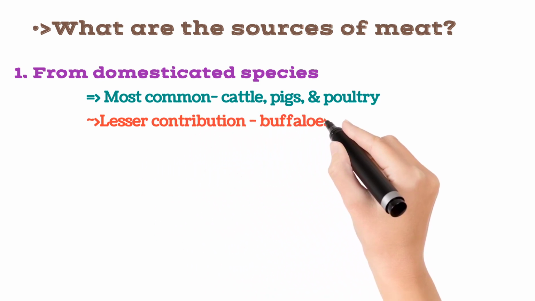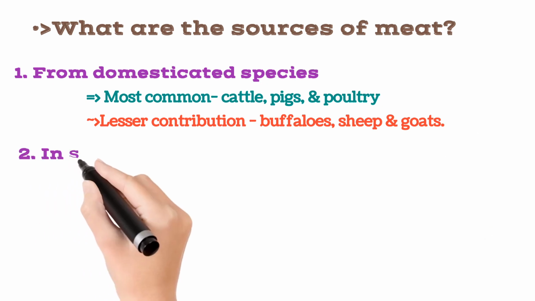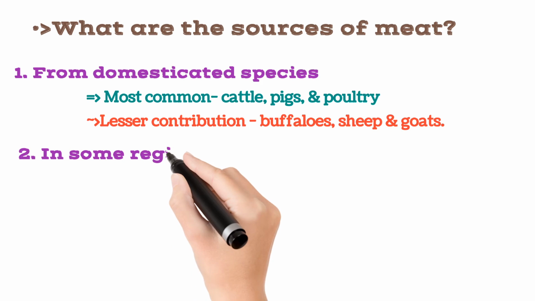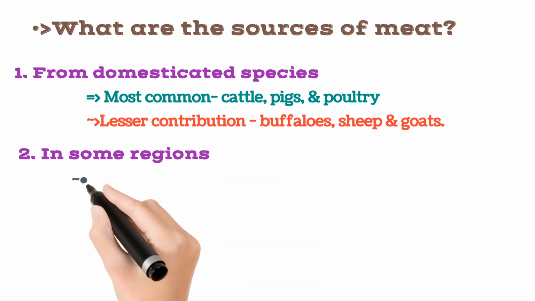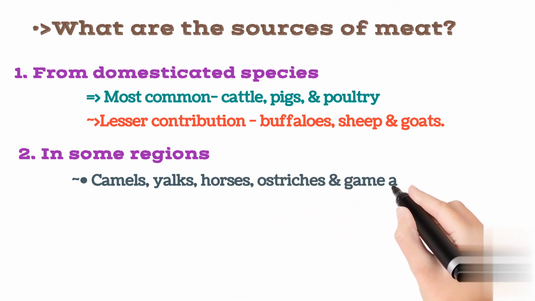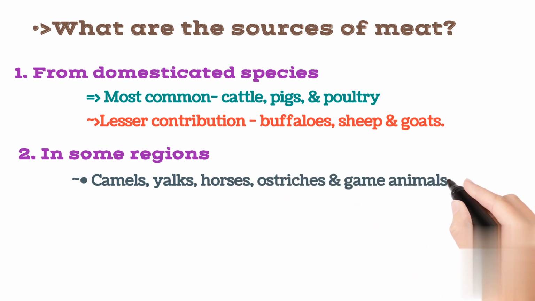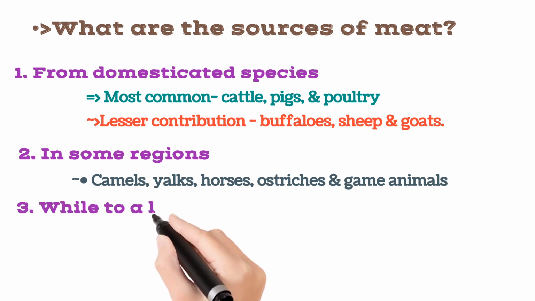To a lesser extent, meat can be obtained from buffaloes, sheep and goats. In some regions meat can also be obtained from other species like camels, yaks, horses, ostriches, and game animals.